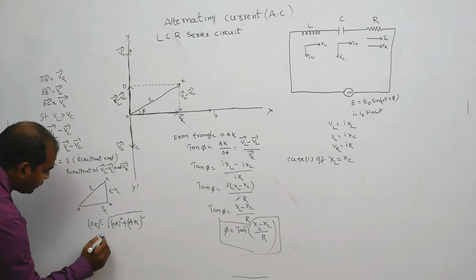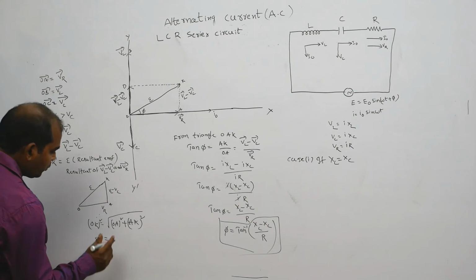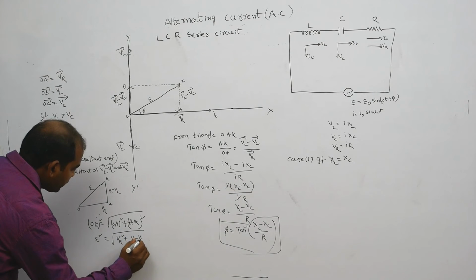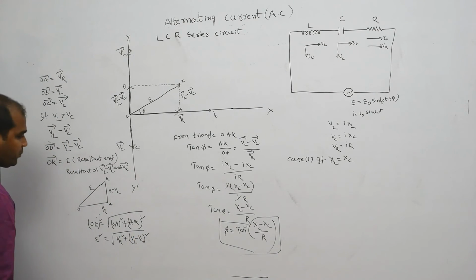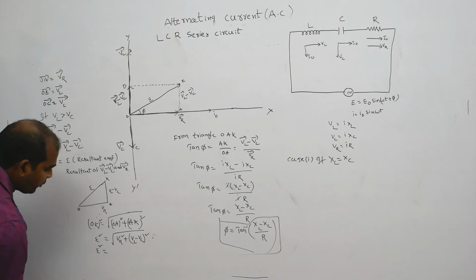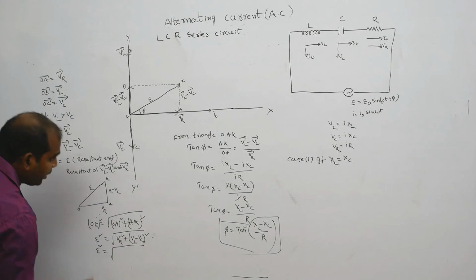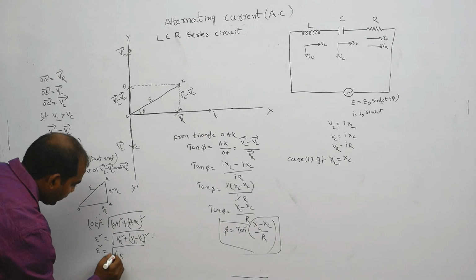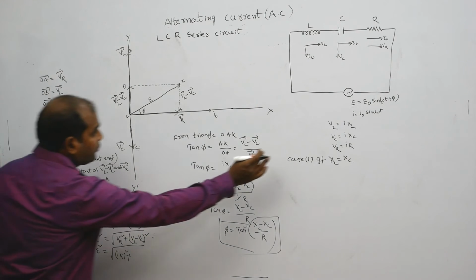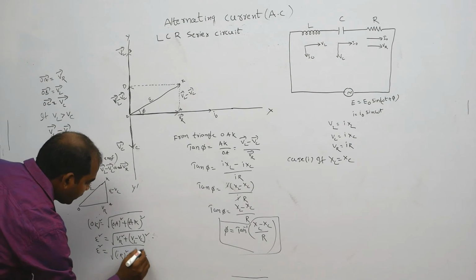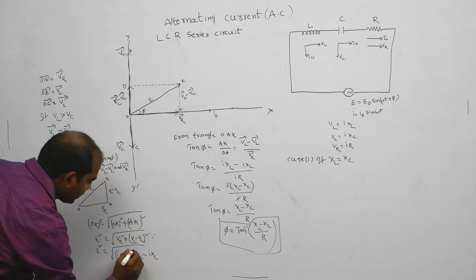That is VR. So E square can be written as VR square plus VL minus VC whole square. We already know VR is I into R, so IR square. VL value is I into XL, and VC value is I into XC.